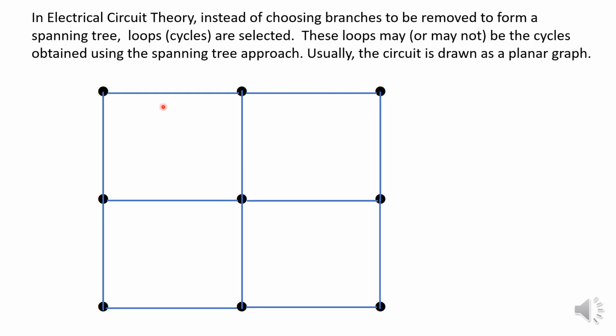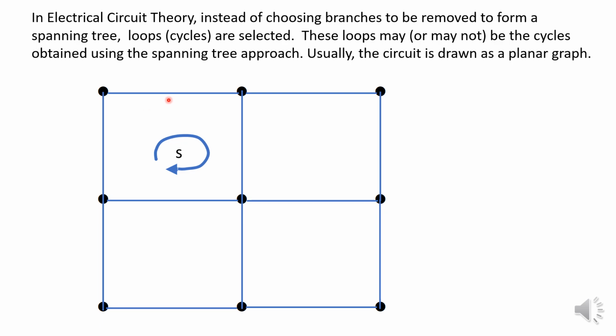So think of this as a map, and this is one region, one state, or one county. This is another state or province. This is another state or province. Think of it as a map, and each region corresponds to a loop.